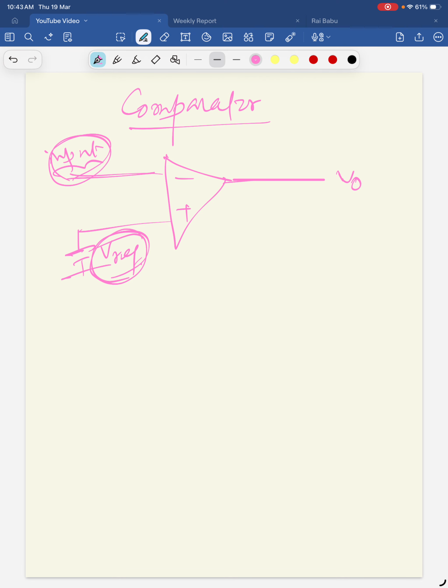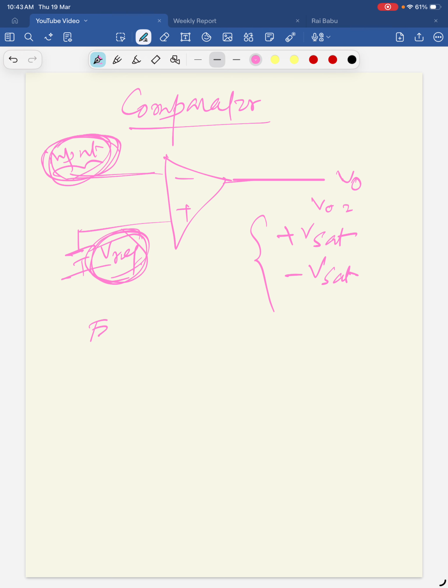The output should be either plus V sat or minus V sat, depending on the amplitude level of the input with respect to V reference.